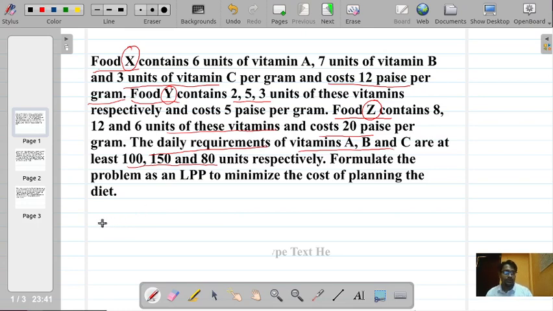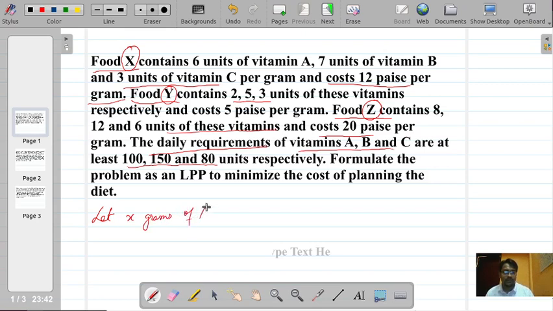First of all, let us write how many units of food. Unit means here it's gram, so instead of writing units, let us just write grams.